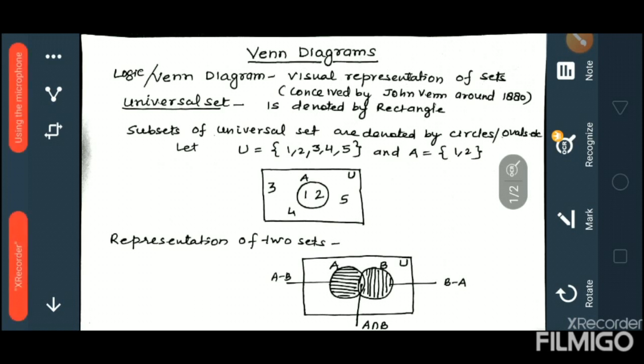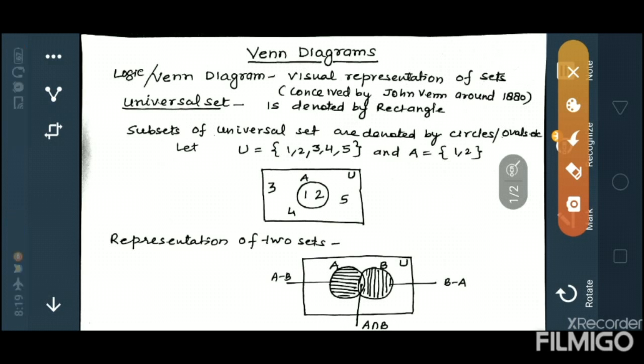Students, a Venn diagram is also called a logic diagram, and this is a visual representation of sets, and it was conceived by John Venn around 1880.